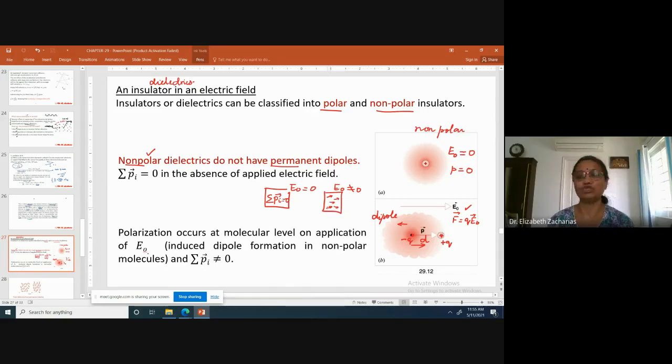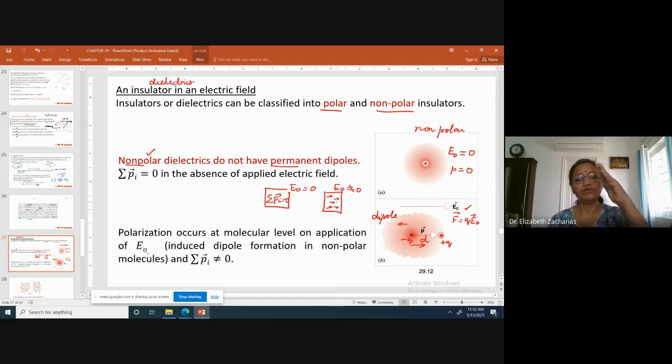I'm saying almost parallel to the electric field because there is also something called thermal energy. The thermal energy always tries to create chaos, like what happened with free electrons. The thermal energy tries to vibrate these dipoles, so all of them will not align parallel to the electric field. This you studied in chapter number 26.